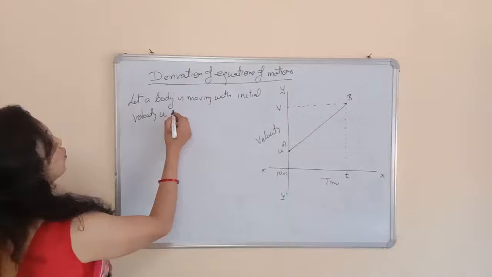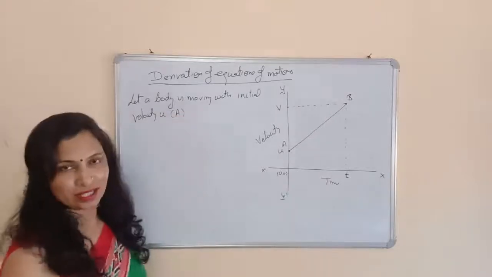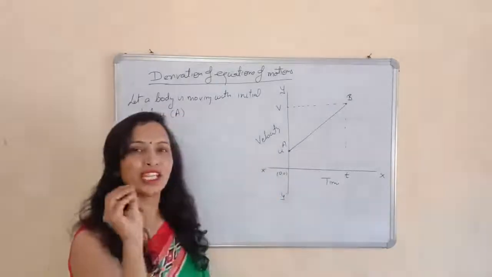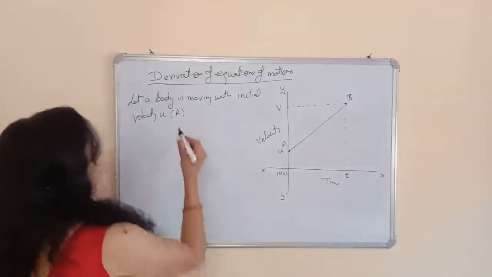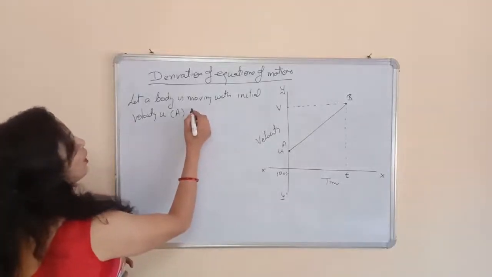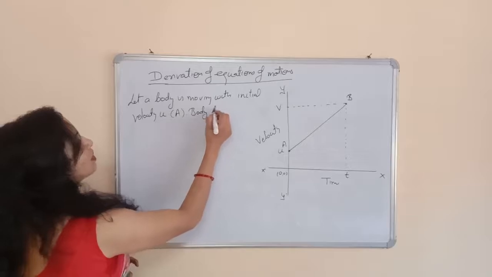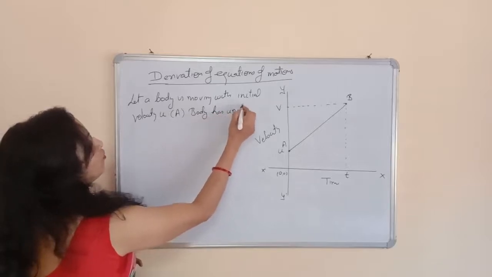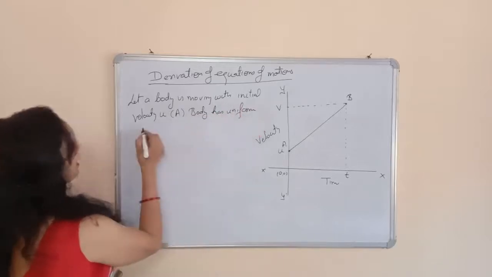Initial velocity U, we can write it here like the point A. This is the point which shows the initial velocity of the body. And the body has uniform acceleration.